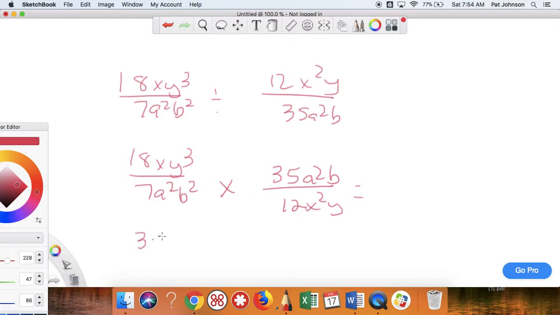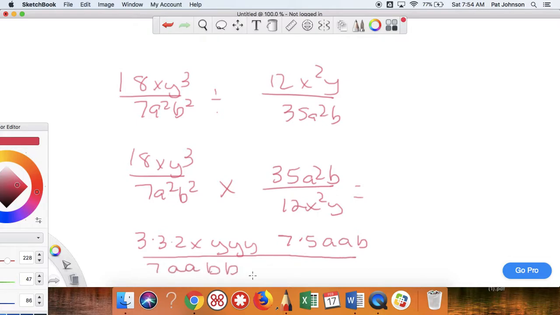So now we can just do what? 18 is 3 times 2 times 3, x times y times y times y times 7 times 5 times a times b, all over 7 times a times b times b times 2 times 2 times 3 times x times x times x. And if you don't know how to factor, then you need to get some help or a tutor or come see me. This is important, so I'm not doing that in this video.